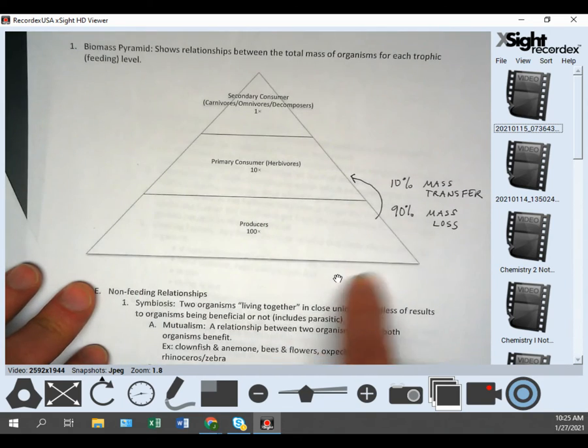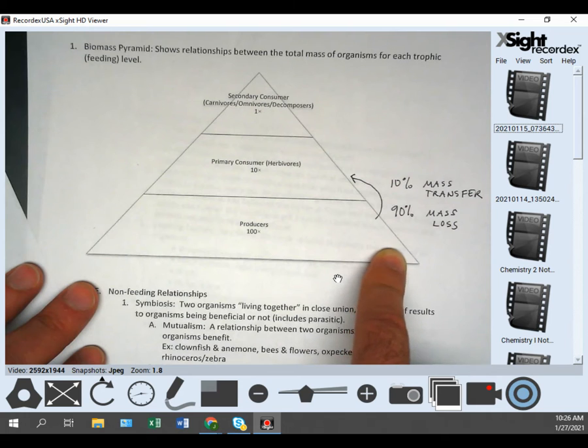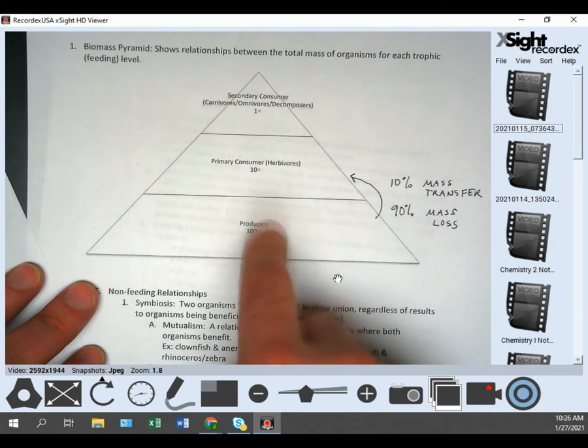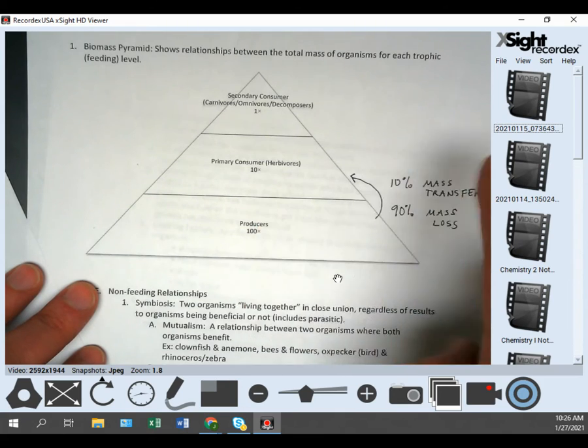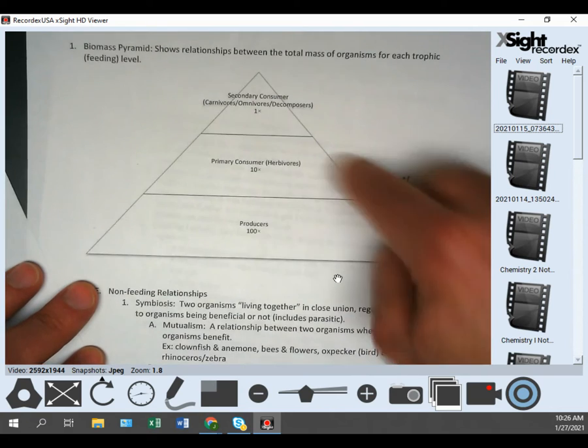Does anybody understand why there's 100 times more here? Because you have to have way more down here to support up here, because you're not getting it all transferred, right?